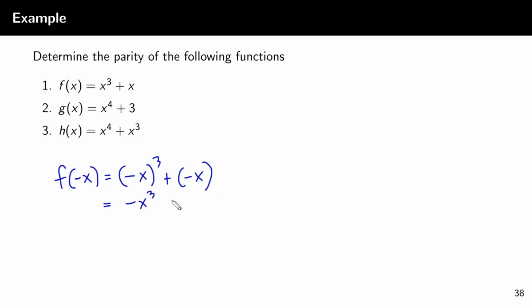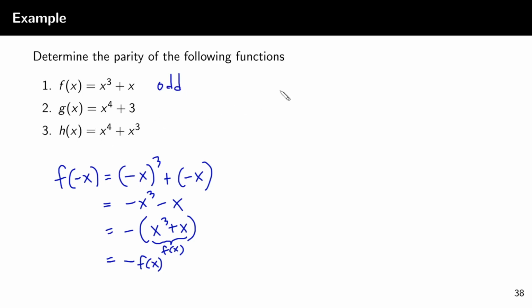And then minus x. I can factor out the negative to get x cubed plus x. So, itong x cubed plus x, this is just the original function. Okay. So, we have negative of f of x. So, therefore, odd itong function natin.